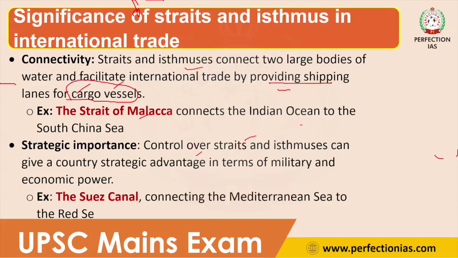An example is the Suez Canal, which connects the Mediterranean Sea to the Red Sea and is one of the strategic locations. In history, we have seen that those who controlled the Suez Canal played an important role in the military as well as the economic sphere. So this is another significance.